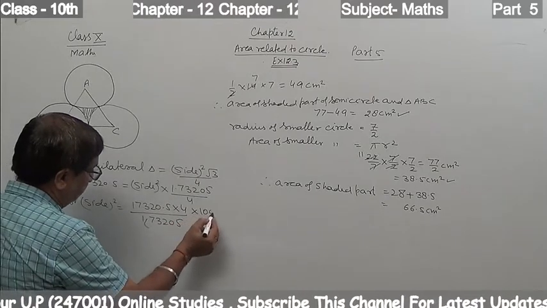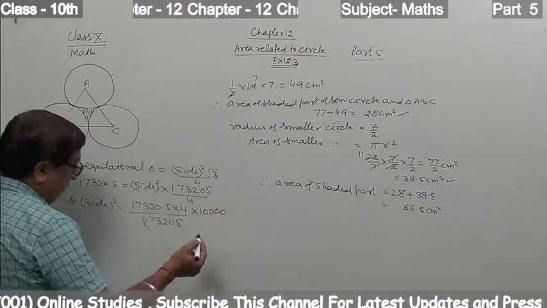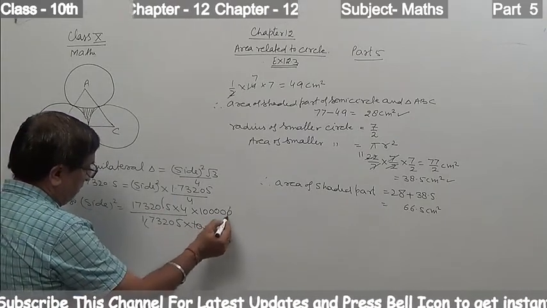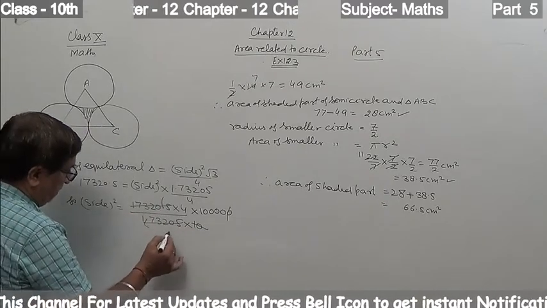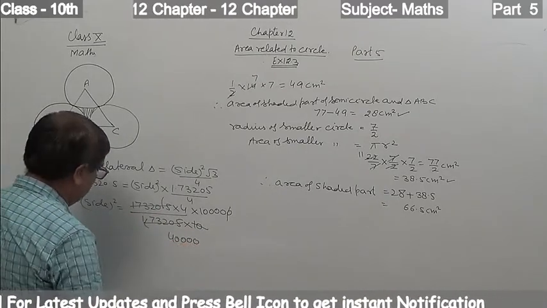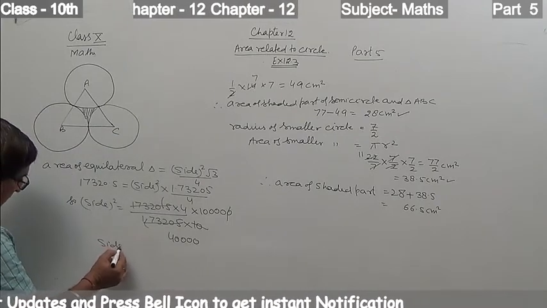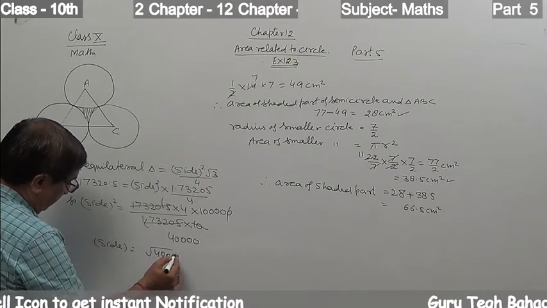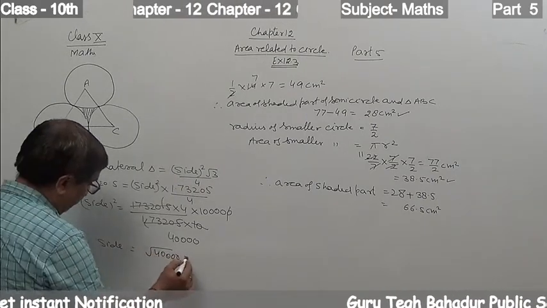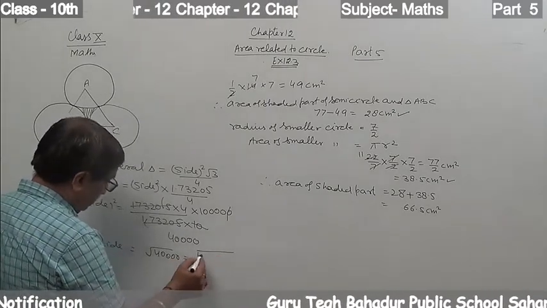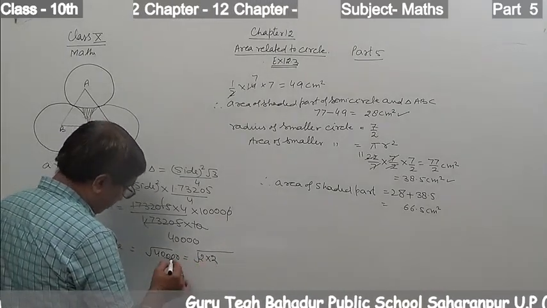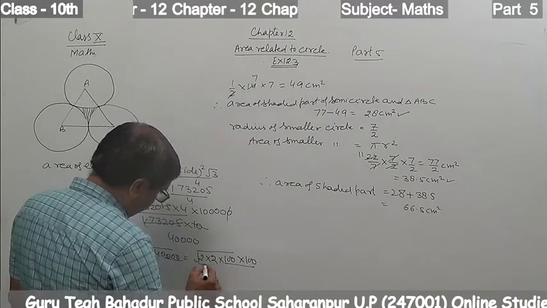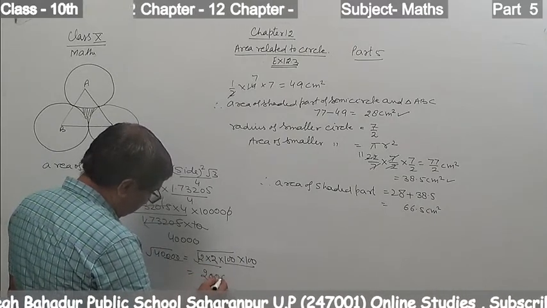Remove this decimal, it becomes 1 lakh, remove this decimal, this 0 cancels, it becomes 40,000, and side is square root of 40,000, that is 4 is 2 into 2, and this becomes the pair 100 into 100, so it becomes 200 centimeter.